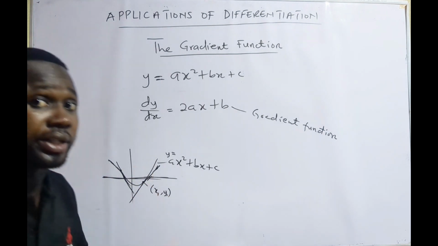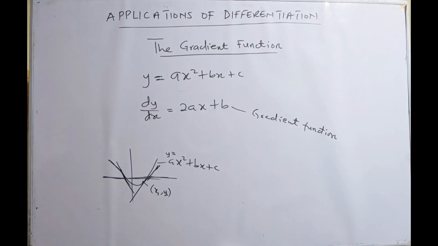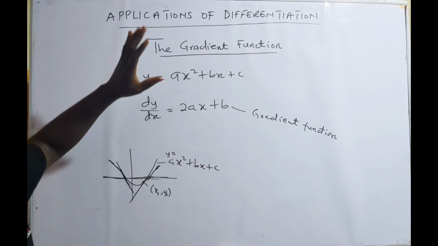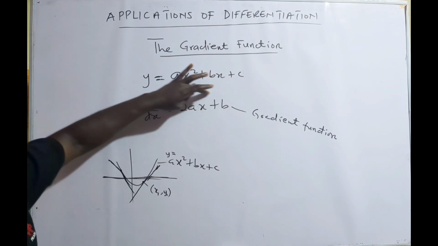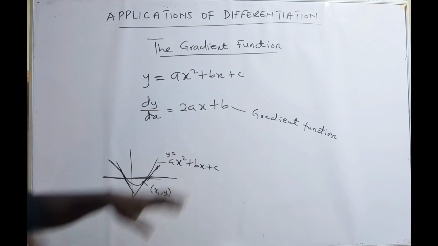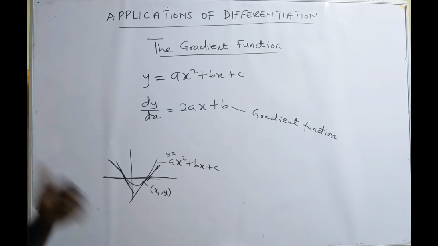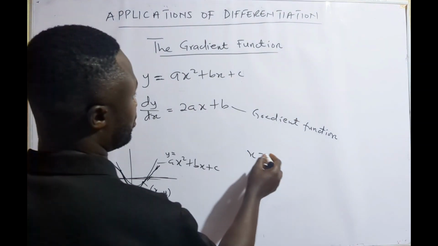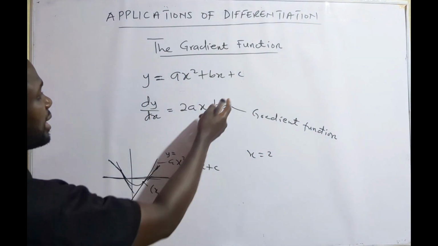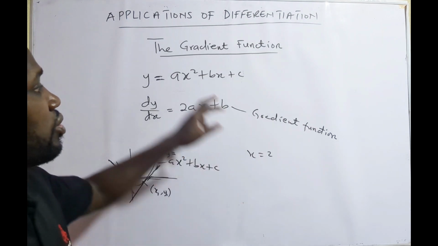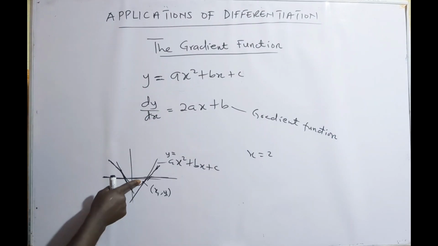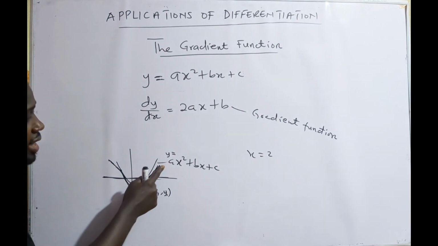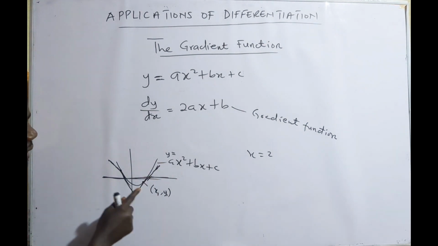The moment you differentiate this function, whatever you get here has become the gradient function. So if I'm finding the gradient at a point on the curve, let's say at x equal to 2, when I substitute there, it will give me the gradient of this line at this particular point.